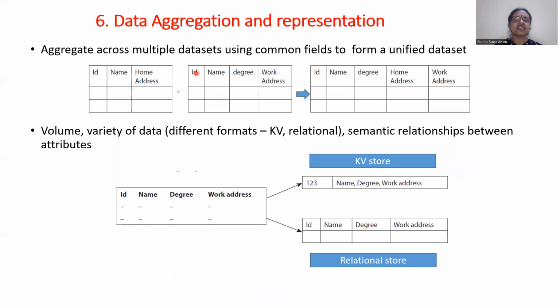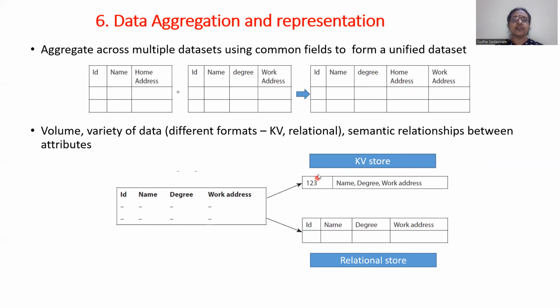Once the data is cleaned, since data is coming from multiple sources, it has to be aggregated and then formed as a single logical view. For example, a customer's home address may be present in one table in a particular format. It may be stored in a relational store. The work address may be present in another table or a data store in key-value format.